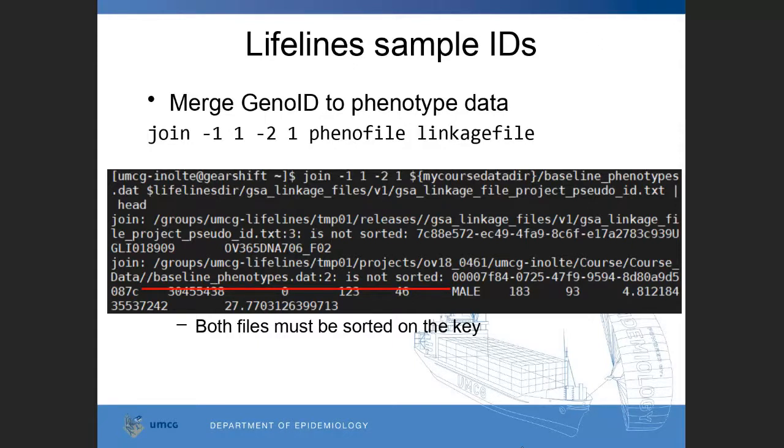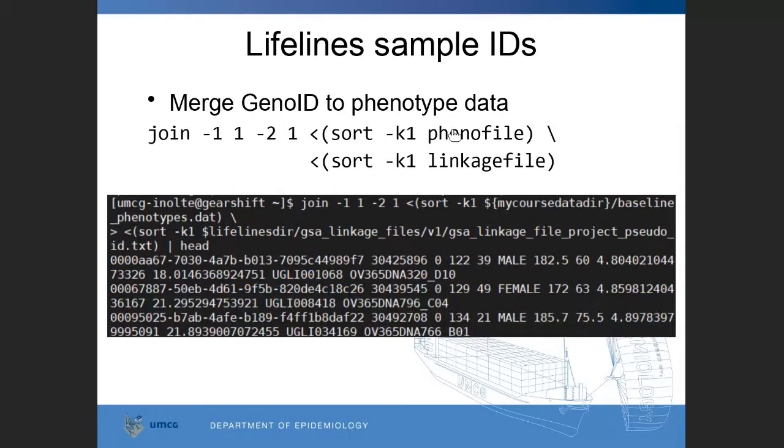You could do that in R. You can also do it here with this Unix command, but then you have to put in that you want to use the phenotype file that has been sorted on the first position. So you put here this smaller than sign. Don't put a space in here.